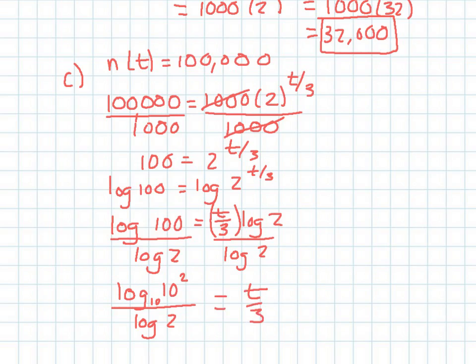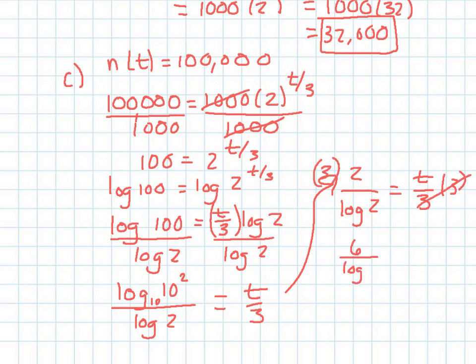So now I could say 2 over log of 2 is equal to t over 3. Then I want to multiply both sides by 3. That gives me 6 over log of 2, which is equal to t. If I plug that into my calculator, t should equal 19.93 hours.